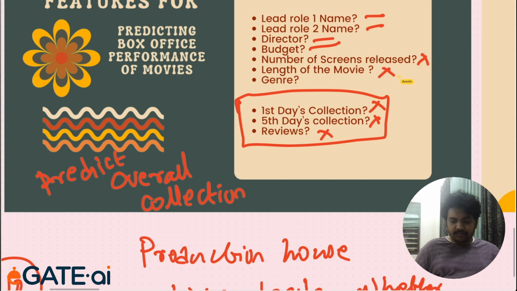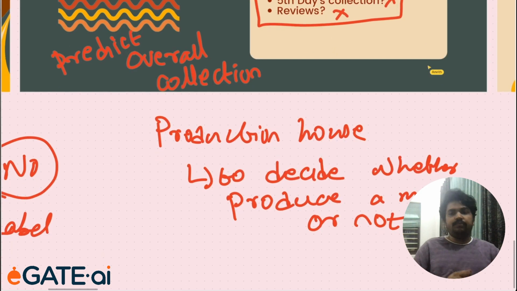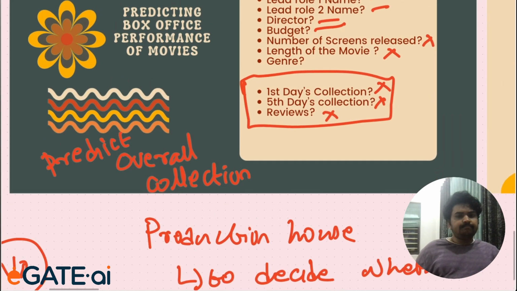What we may have are probably a different set of features. So then we cannot include these features that I have crossed here.